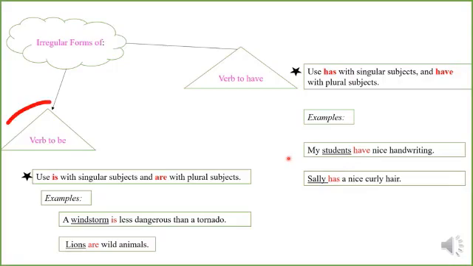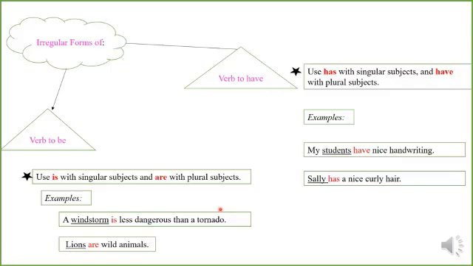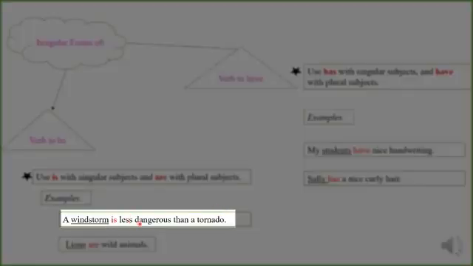Let us see verb to be. Use is with the singular subjects and are with the plural subjects. For example, a windstorm is less dangerous than a tornado. Is. Do you see here? The subject is singular.